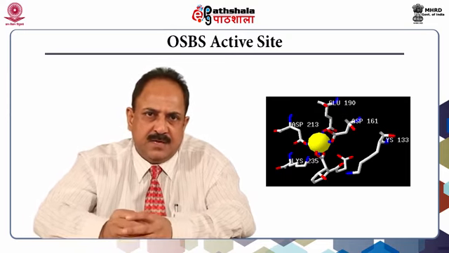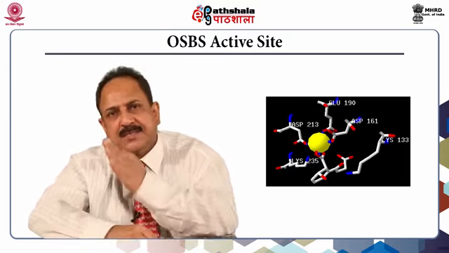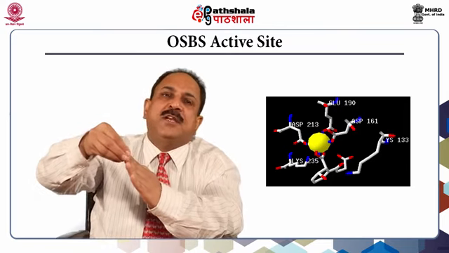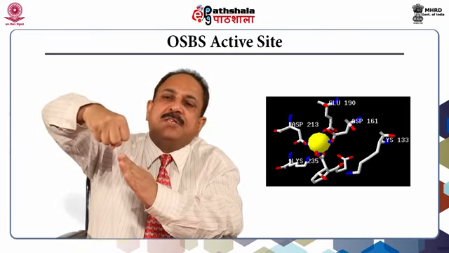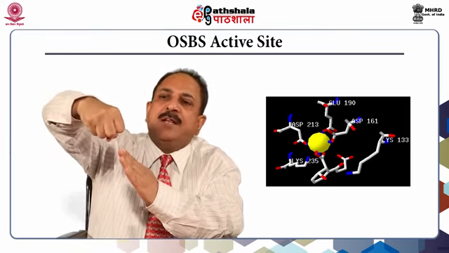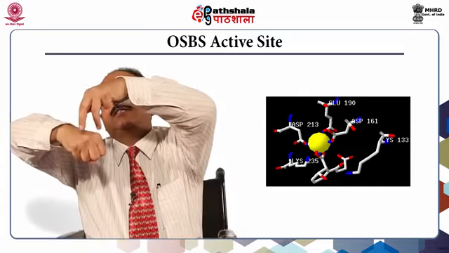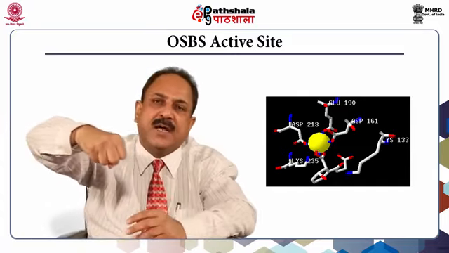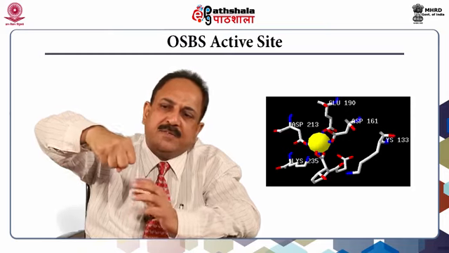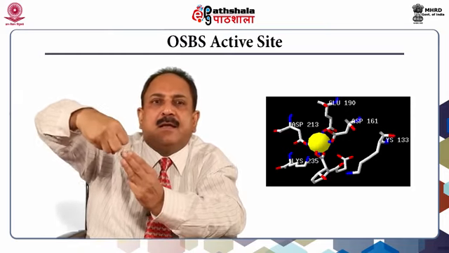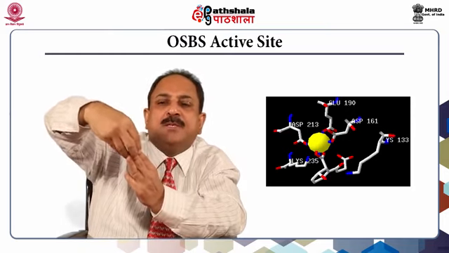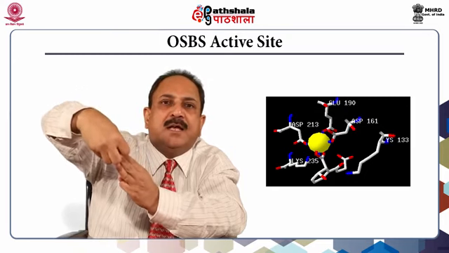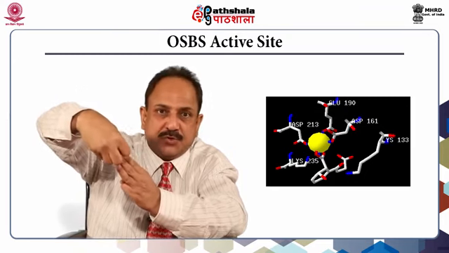This is simply the substrate, which has a carboxylate group. This is the magnesium, which is coordinated with three acidic residues, that is aspartate, glutamate and aspartate. This magnesium then has its fourth coordination position from the carboxylate group of the substrate.